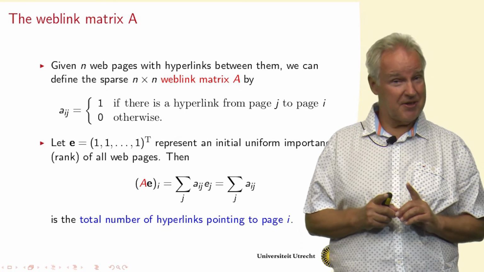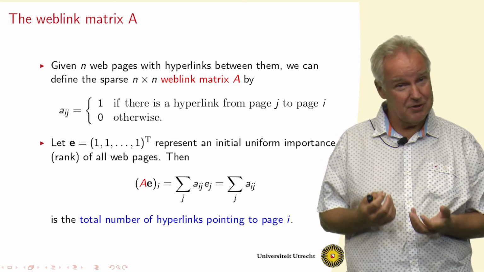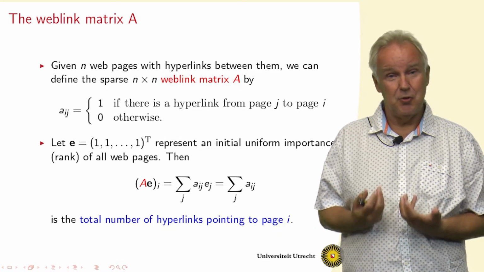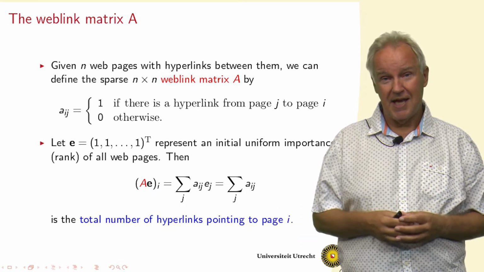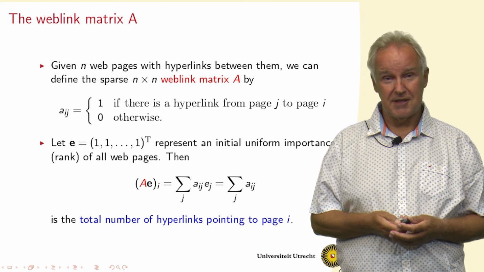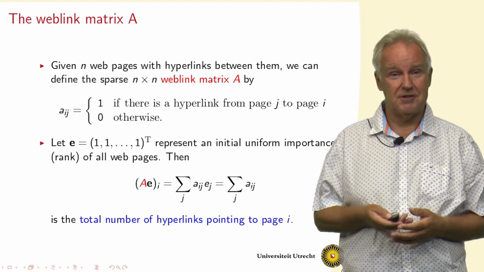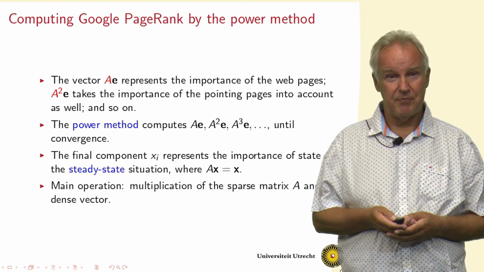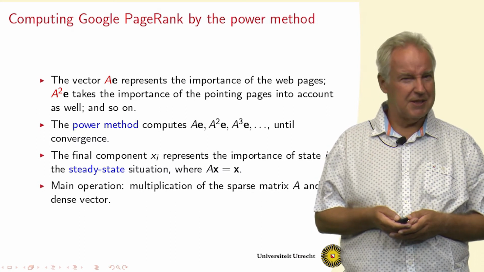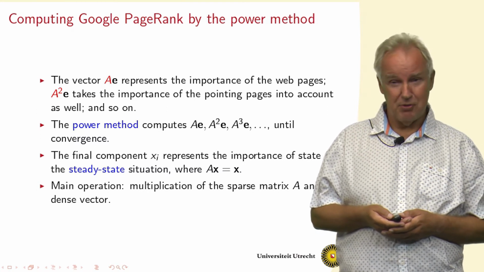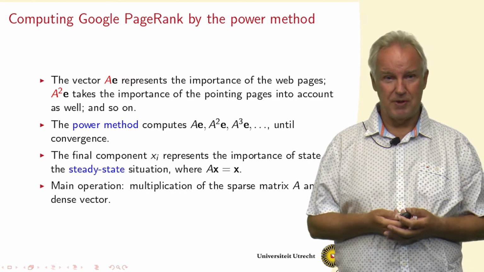This already says something about the importance of that page, because if many pages point to you, then you are important. This is how Google started. And so this is a linear algebra notation for the importance of a web page. But we can do a little bit more than that, because not all pages are equal. If some important web page points to you, then that should count as more.